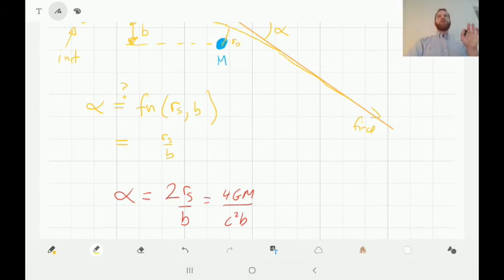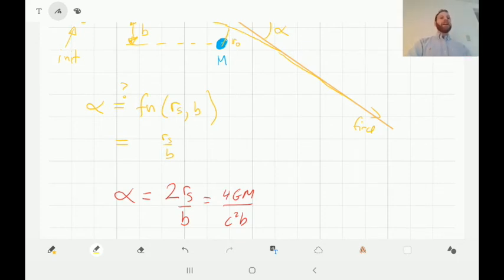If you don't use GMm over r squared, but you at least acknowledge the equivalence principle, which seems to hold for everything, that all objects fall at the same rate, and that should apply for photons, then you would calculate a deflection angle, this alpha, to be only Rs over B, or 2GM over c squared B. And it turns out that this extra factor, the multiplication by a factor of 2, is a result that only comes out of general relativity. That's at least one huge difference between Newtonian theory and Einsteinian theory.